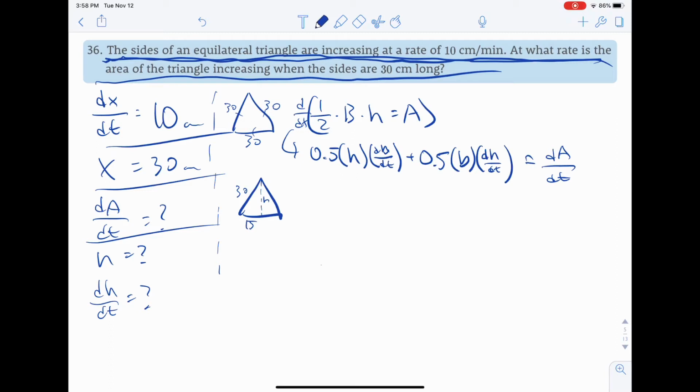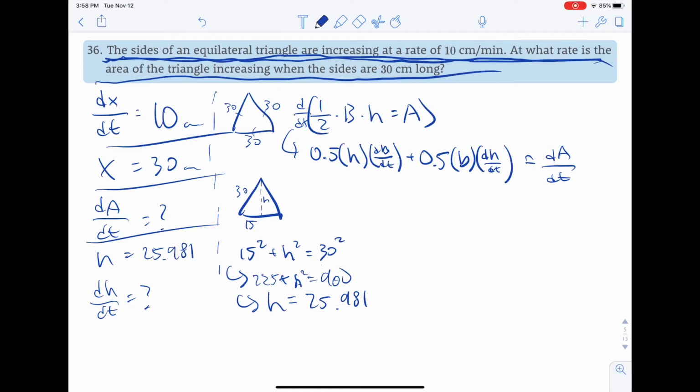So 15 squared plus h squared is equal to 30 squared. 30 squared is 900, 15 squared is 225, plus h squared. You do the math, and that gives you h is approximately 25.981.